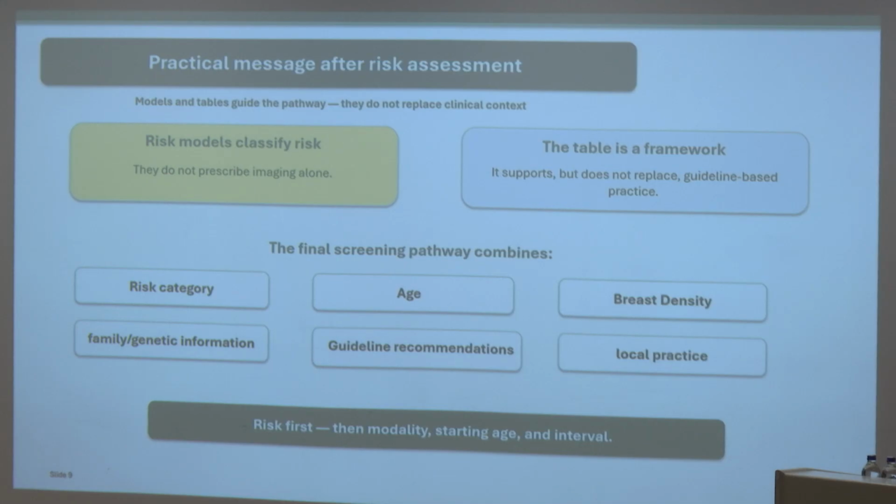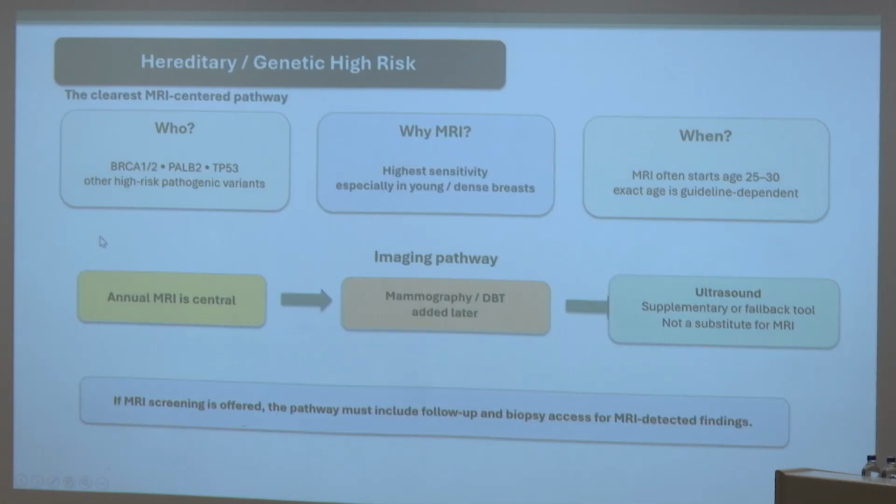Risk models classify risk, they do not replace precise imaging alone, and the table is a framework, it supports but does not replace guideline-based practice. So the final screening pathway is these 6 things: risk category, age, breast density, family and genetic information, guideline recommendations, and local practice. And risk first, always, then modality, starting age, and interval.